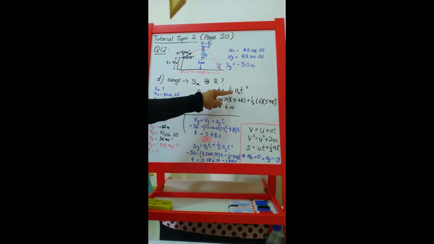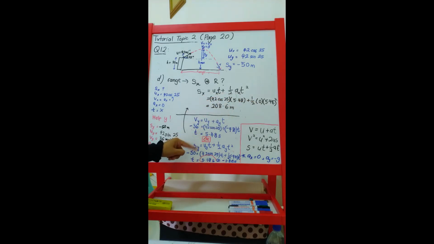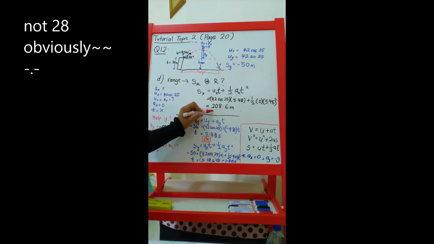S equals ut plus half at squared. Please make sure you label the x component. Again, time is a scalar quantity, therefore no x and y. So just substitute. Ux is equal to this, a is 0, and the time we found using the help of the y component, so we get 28.6 meters.